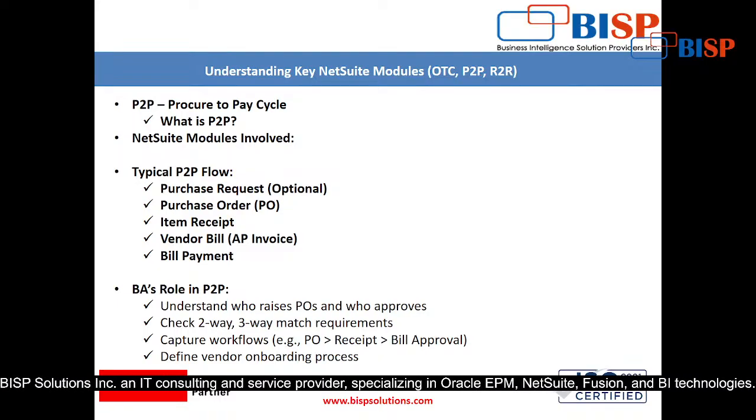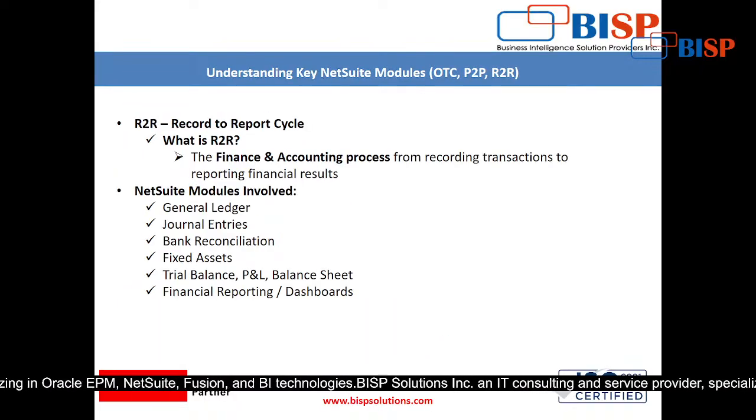Then what will be the BA role in P2P? Understand the process: who raises the PO, who approves it. Mainly the approval process is there in NetSuite. The business analyst will see exactly what needs to be done. Then we saw record to report.